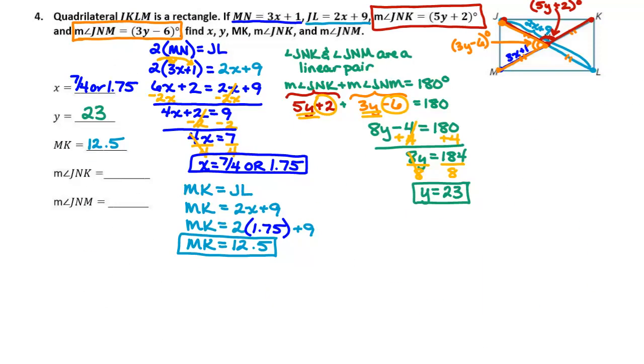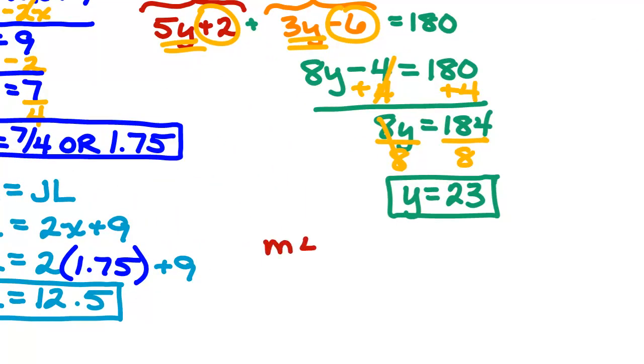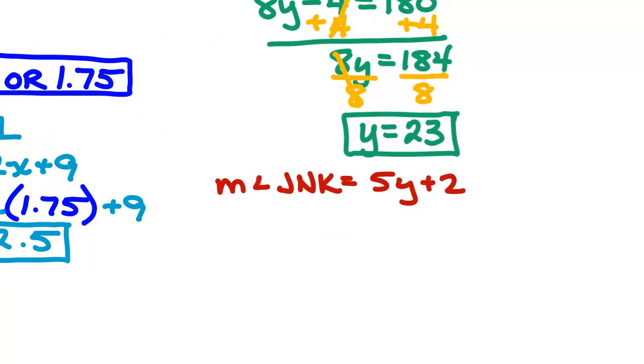What do we still need to do? Find the measure of JNK and the measure of JNM. Well, the measure of angle JNK is 5y plus 2. So we're going to take what we just found for y and substitute it in.